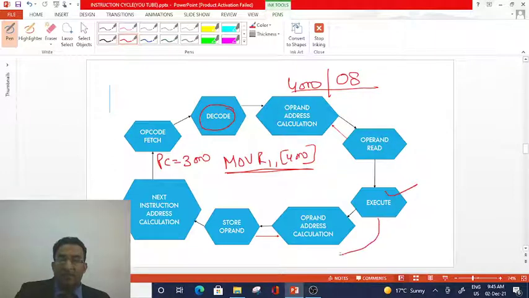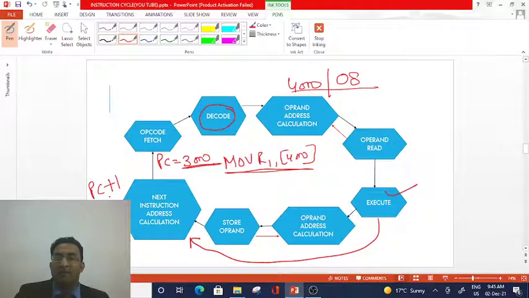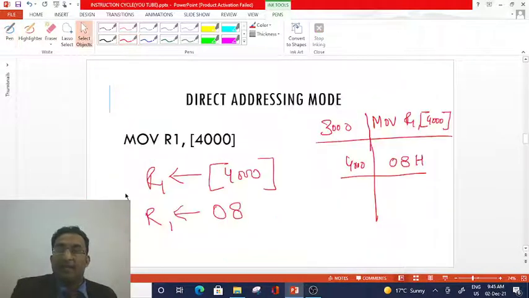After the execution, we simply go to the next phase, that is next instruction address calculation, which means this instruction was written at location 3000, so the value of PC will be incremented by 1. It will become 3001. So this means next instruction address calculation. Basically this is the direct addressing mode instruction cycle.